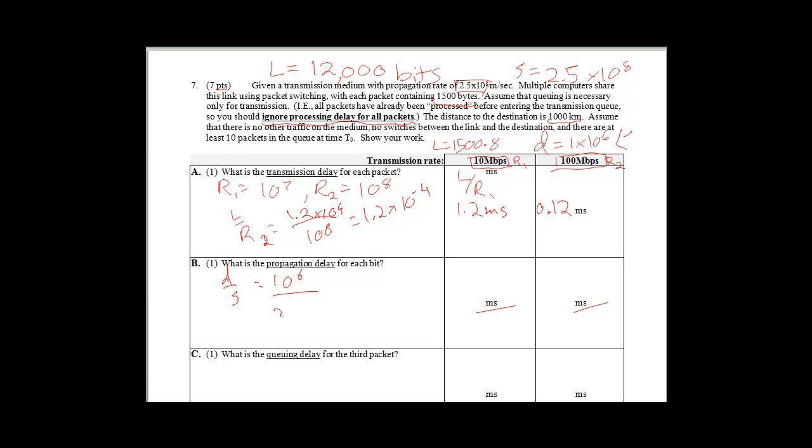Our s is 2.5 times 10 to the 8th. So we're going to get 1 over 2.5 times 10 to the 2nd, which gives us 4 milliseconds.